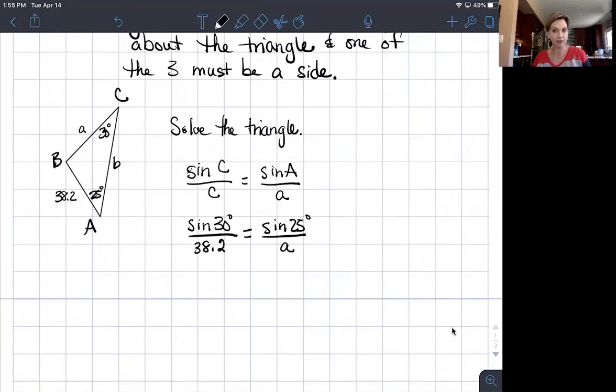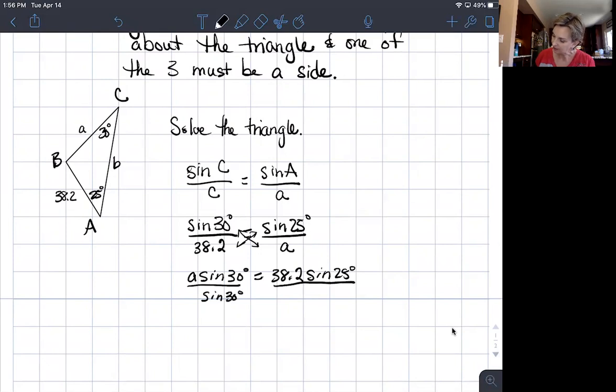Okay, so to solve for side A, you just cross multiply. You're going to get A sine 30 degrees is equal to 38.2 sine 25 degrees. To solve for A, just divide by sine 30 degrees.